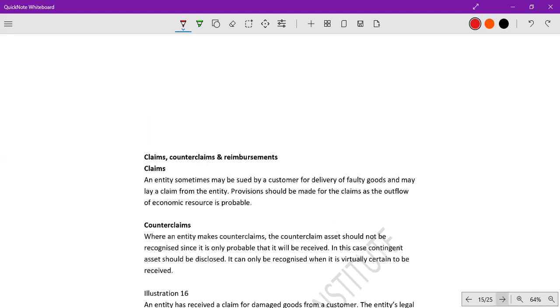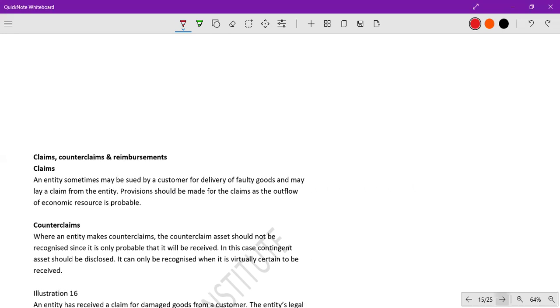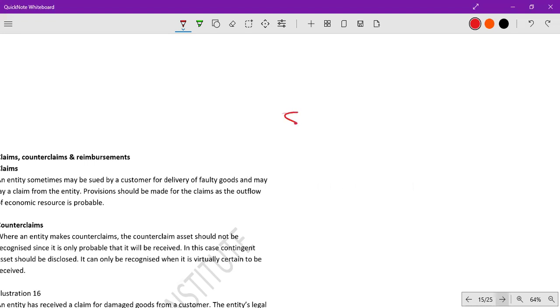Claims and counterclaims. What do we mean by claims and counterclaims? I have a claim. A customer has sued S&D for some damages.